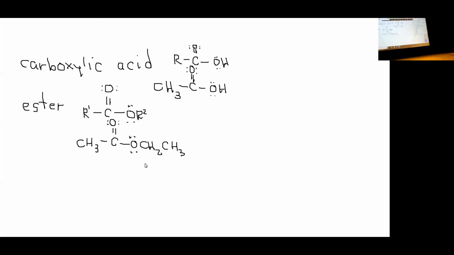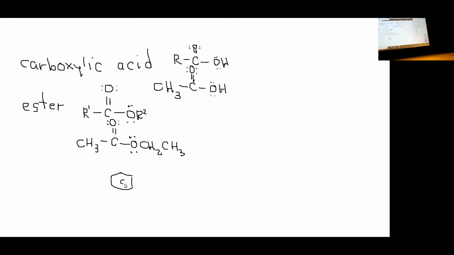And you can find ethyl acetate in your paint thinners. I'm pretty sure nail polish remover has some ethyl acetate in it. But again, this alkyl group can be arbitrarily large or small. This one can also be arbitrarily large or small. Benzoate esters exist, absolutely. You can have a benzene ring.